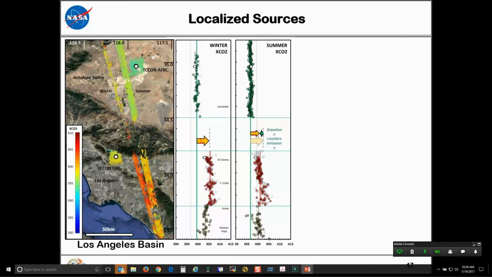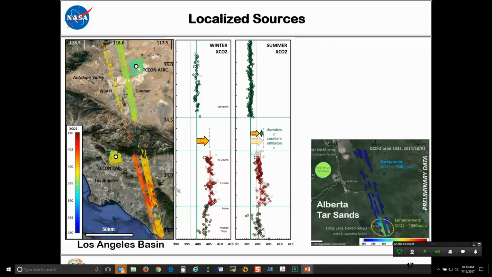We see slightly higher values of XCO2 over the basin during the winter time, in part because the boundary layer is somewhat thinner and traps the CO2 in the basin a little better. In summertime, the boundary layer gets a little bit thicker, and the CO2 can escape over the mountains a little bit easier. But we're still seeing enhancements of 5 to 6 ppm over LA in individual passes with OCO2. It took us a year to detect Los Angeles with GOSAT, so this is a much more sensitive instrument.